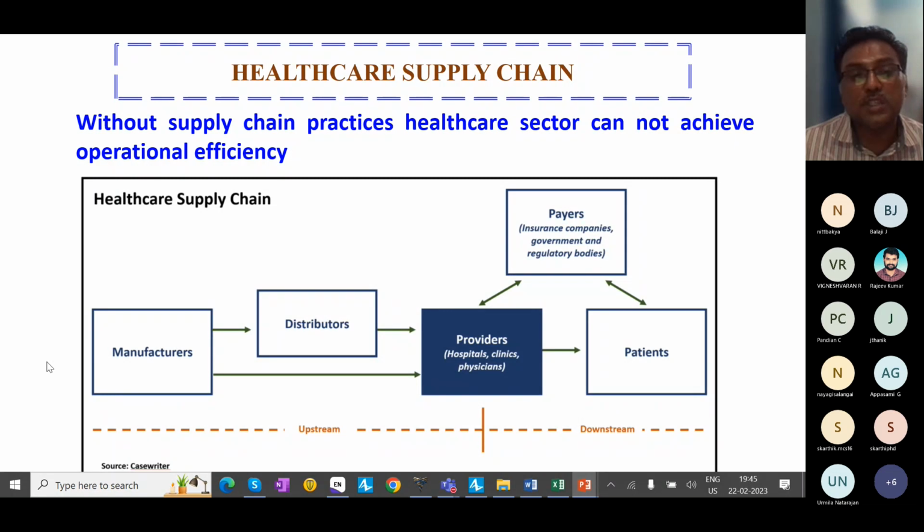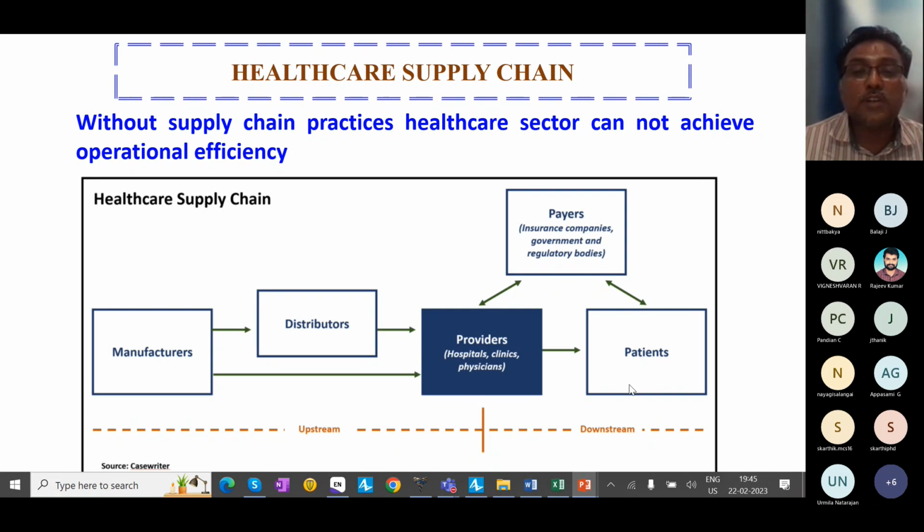Of course, supplier is missing here. You have a supplier, manufacturer, distributor, and then healthcare providers. Healthcare providers are nothing but the hospitals and clinics. Payers are your insurance, and then you have patients. So this is one way to show what a healthcare supply chain is.